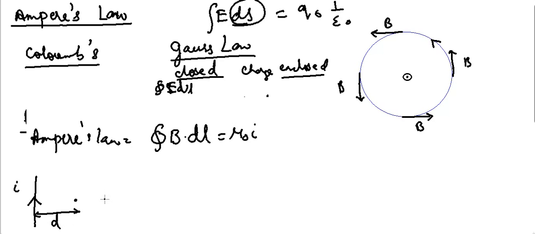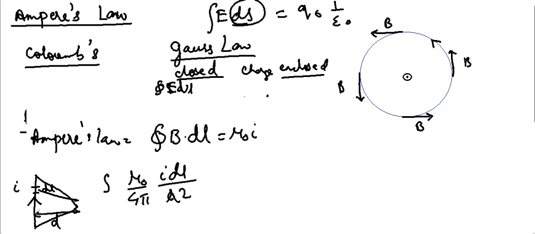We had used a lot of mathematics, used integration, took a small element here dl, and used the Biot-Savart law, mu naught by 4 pi I dl by r squared. Then I integrated this to find the magnetic field, and I had defined angles theta 1 and theta 2, and it was very complicated.